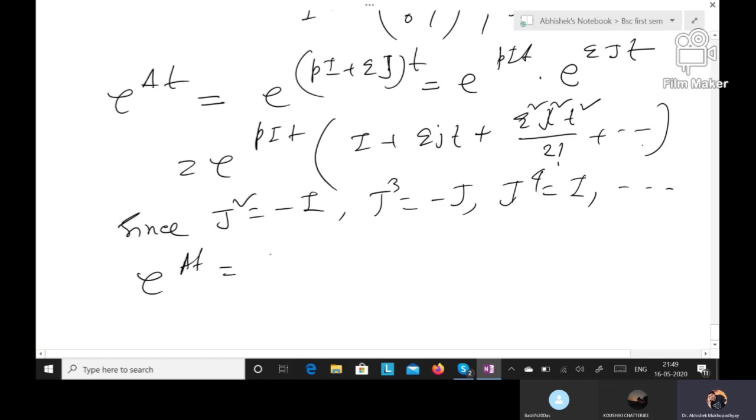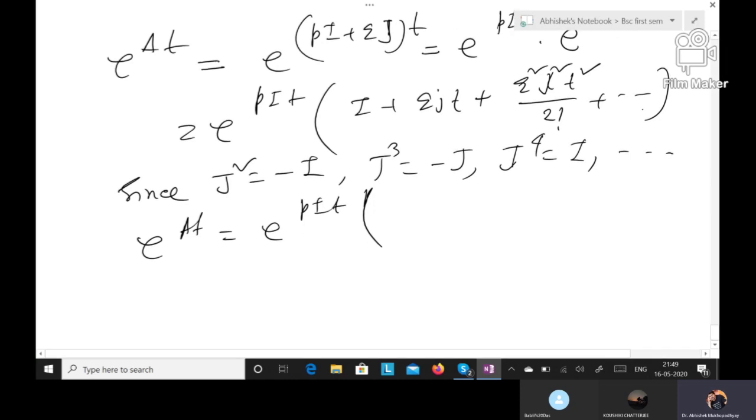So e to the power at will be e to the power pt into I plus qJt.